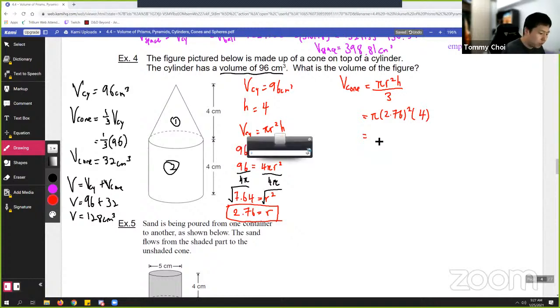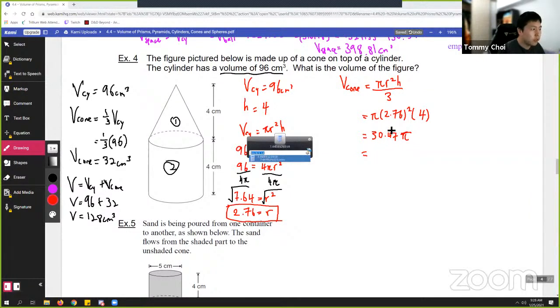So 2.76 times 2.76 is 7.61, times 4, 30.47. So we get 30.47 pi. So that's 2.76 squared times 4 gives me 30.47 pi. And multiplying that out gives me 95.